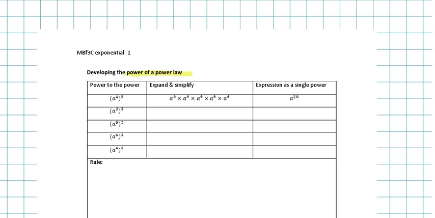Okay? So for the next one, I have a to the power of 2, to the power of 3. That means I have a^2 multiplied by itself 3 times. So that's 2 plus 2 is 4, plus 2 is 6, so that's a^6.